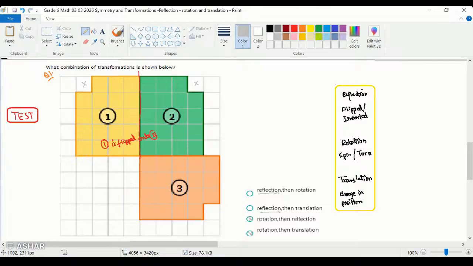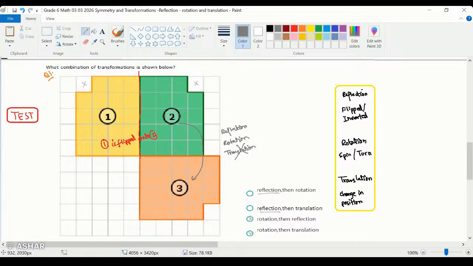Then what happens 2 to 3? When we are moving from shape number 2 to shape number 3, can we see a reflection again? No. See, we had 3 options: reflection, rotation, and translation. Translation means change in position. No, but the shape direction is changing.